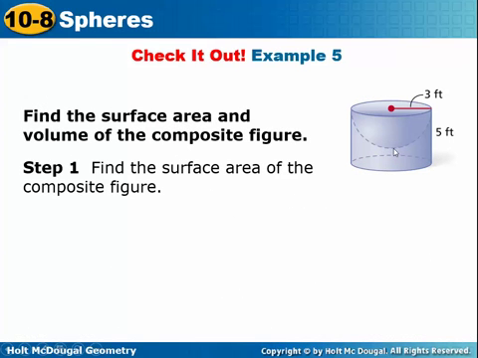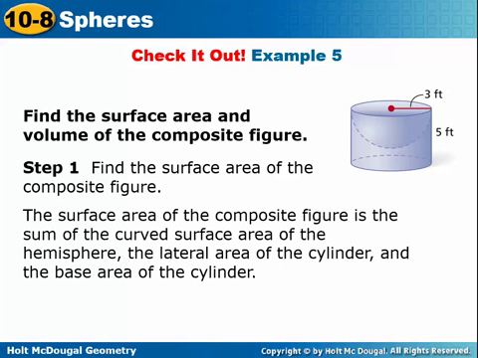Sometimes you will subtract to find a composite figure. However, surface area of this one's kind of tricky because we do have to count the surface area of that hollowed out hemisphere. So the surface area is actually the surface area of the cylinder, the bottom and the lateral area, not the top, plus the surface area of this half sphere, this hemisphere.